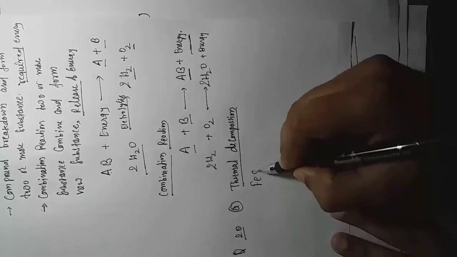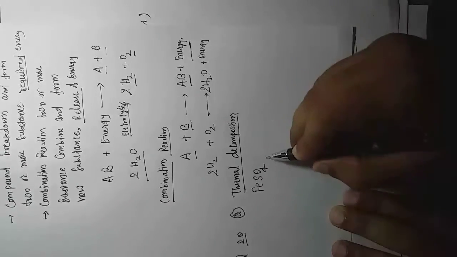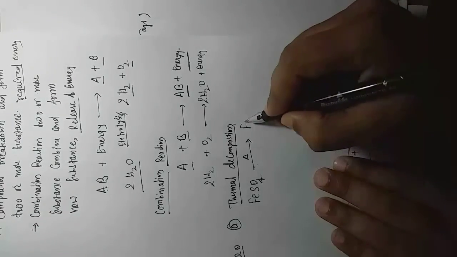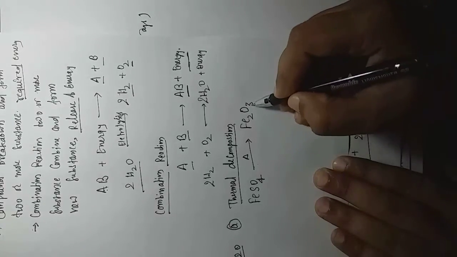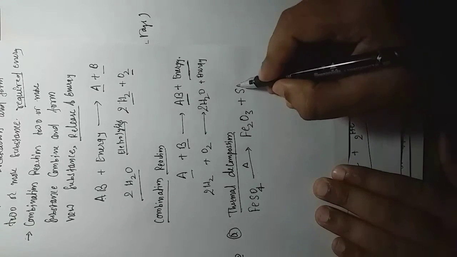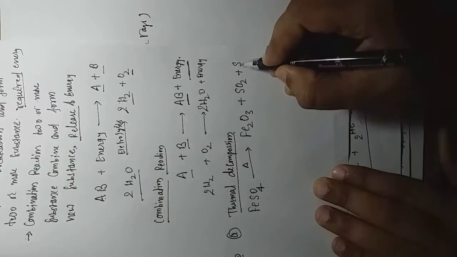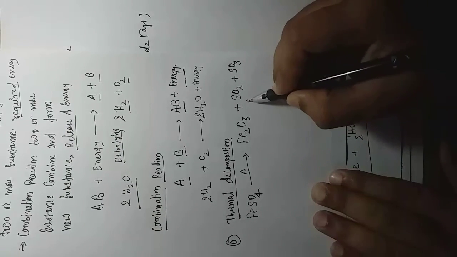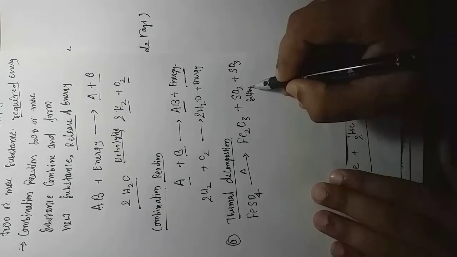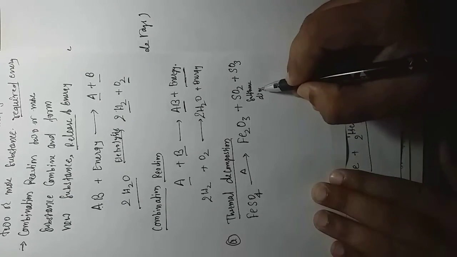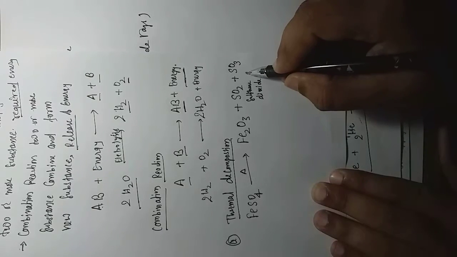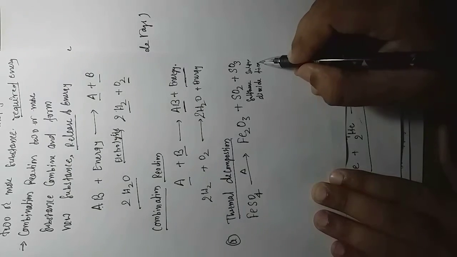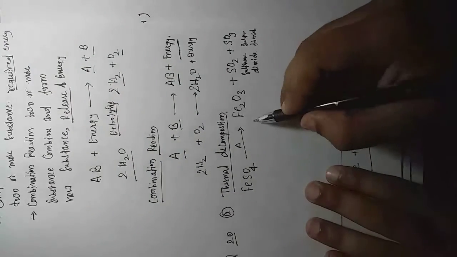Ferrous sulfate, FeSO4. When you heat this compound, it breaks down into simpler forms: Fe2O3 plus sulfur dioxide plus sulfur trioxide. These three compounds get formed here. This is sulfur dioxide, this is sulfur trioxide, and this is ferric oxide.